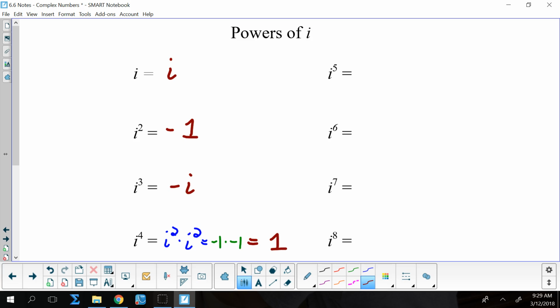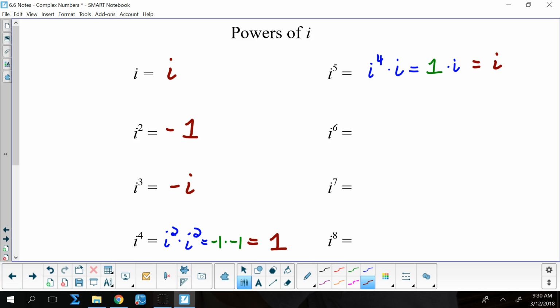Okay. i to the 5th power then, let's roll those over. i to the 5th power would be like i to the 4th power times i, which is, excuse me, I put -1 there, which is +1 times i, or it's just i again, right?